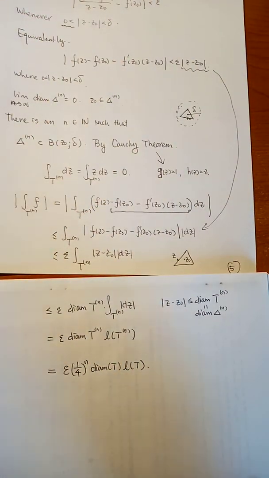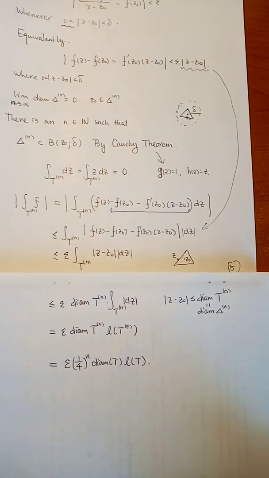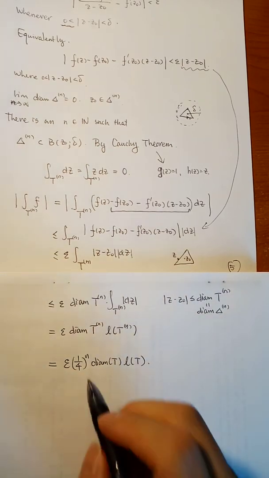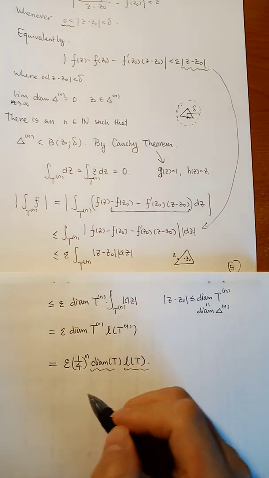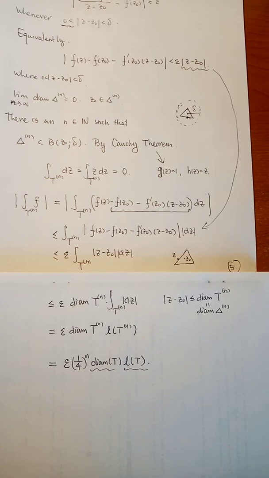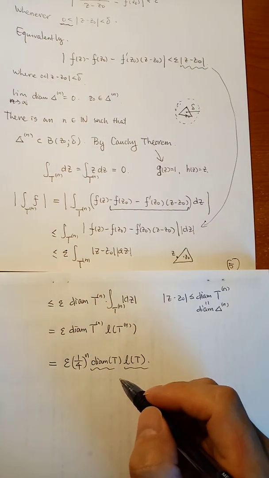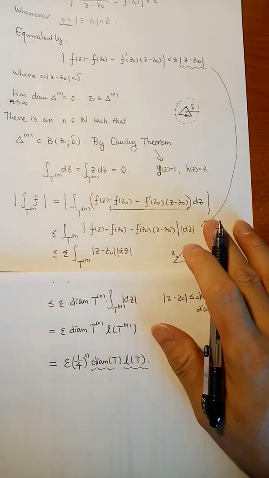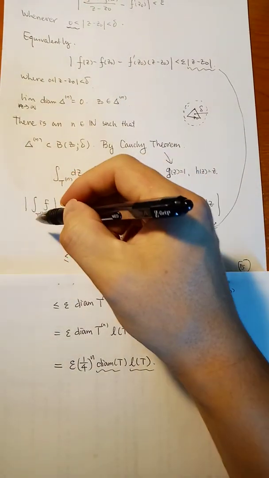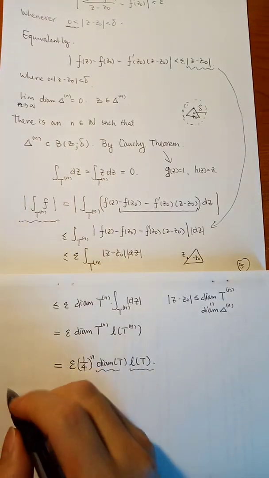Remember, we start from a triangle. It is fixed, so this is a fixed number. This is a fixed number. They're fixed. And what did we prove? Let's summarize.